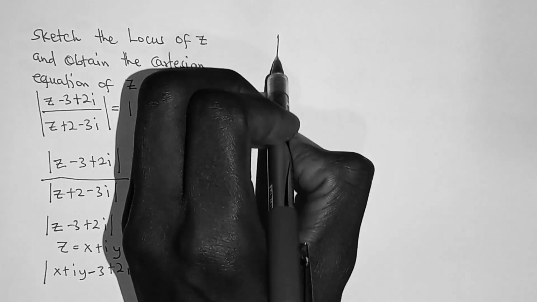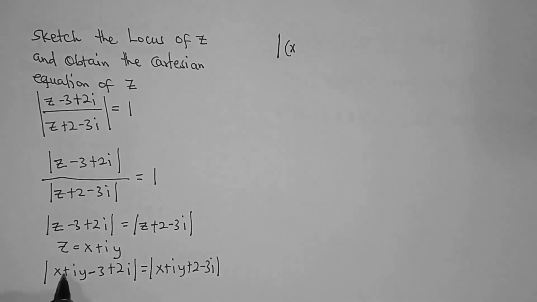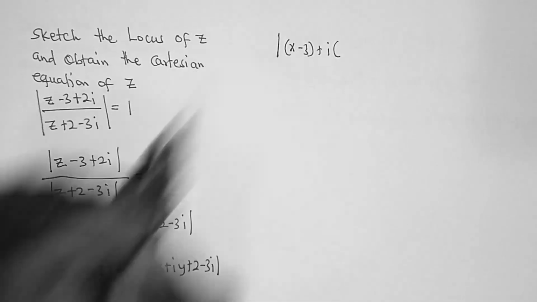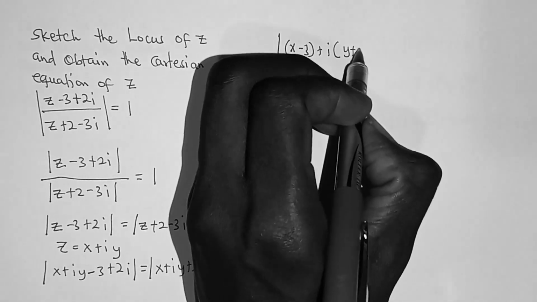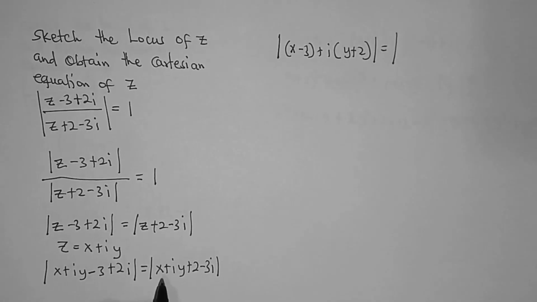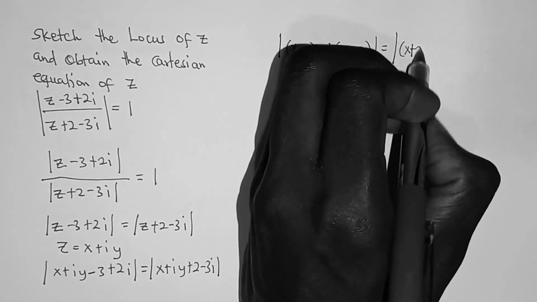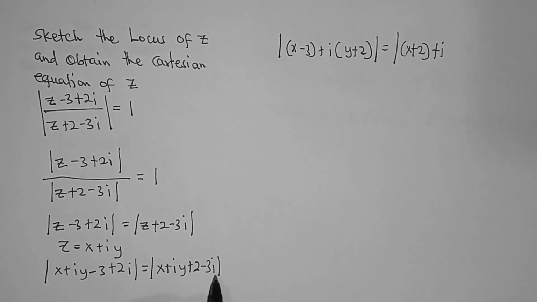So continuing from here, it becomes the modulus of (x minus 3) plus i(y plus 2) equals the modulus of (x plus 2) plus i(y minus 3).